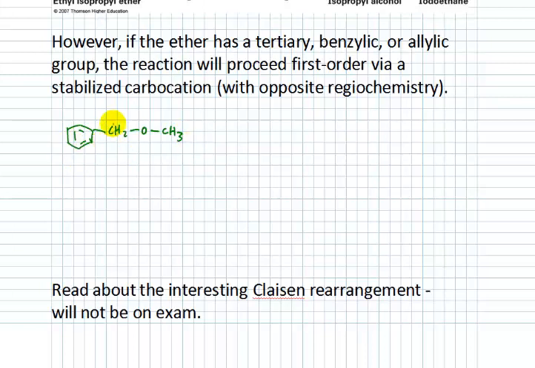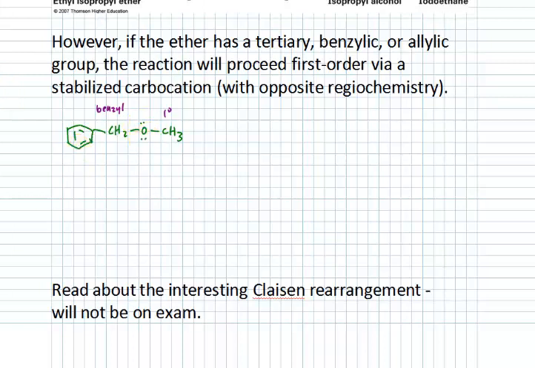So here I have a primary carbon on one side. This is not a secondary carbon, this is a benzyl, because that carbon is next to a benzene ring, and that's important.